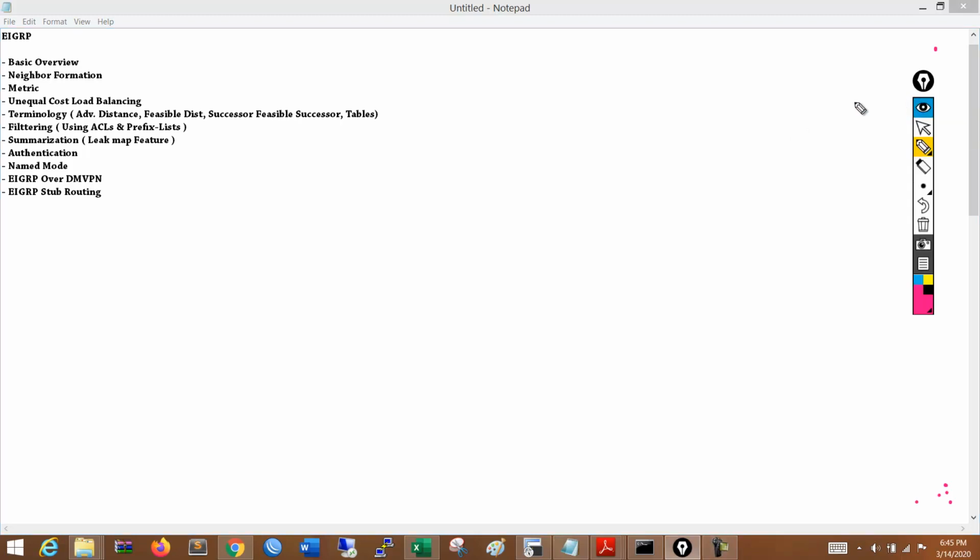So today we're going to be discussing EIGRP. We are going to be taking a kind of deep level overview of the protocol. All these features here, I will explain them, all the features from top down.